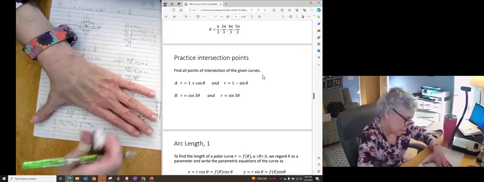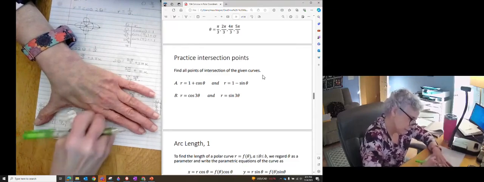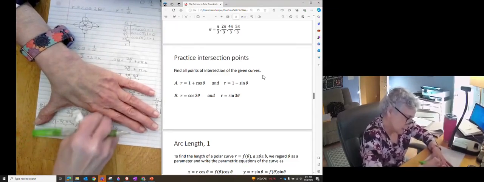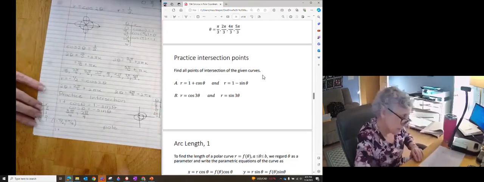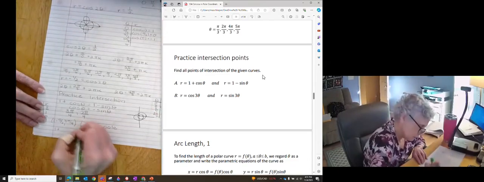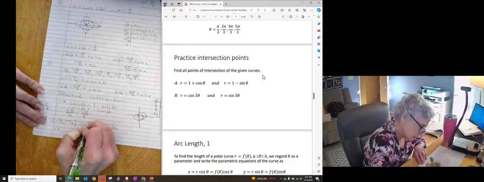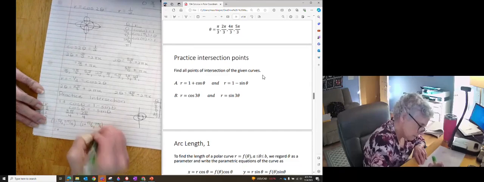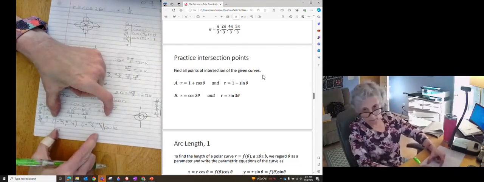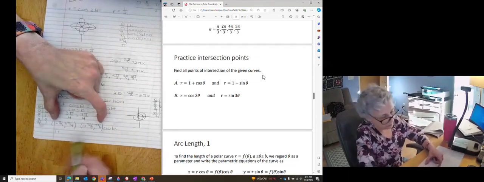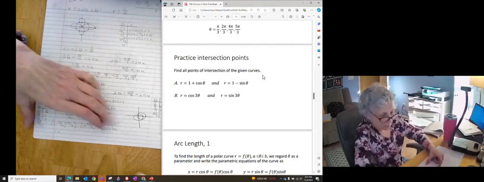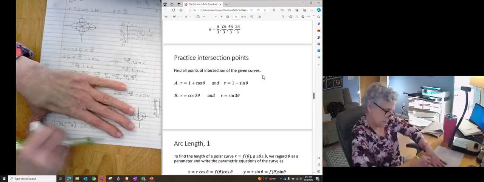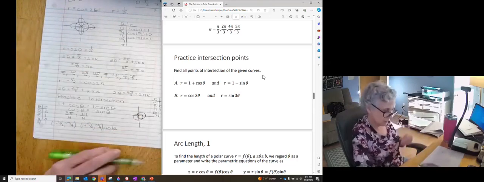And at 7 pi over 4, cosine is equal to positive square root of 2 over 2, so it would be 1 plus square root of 2 over 2, 7 pi over 4. So that's our polar coordinates of the intersection points.